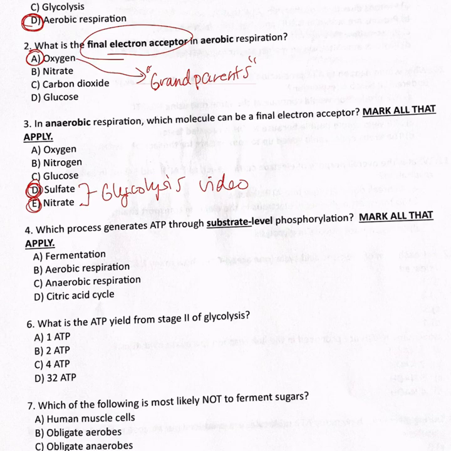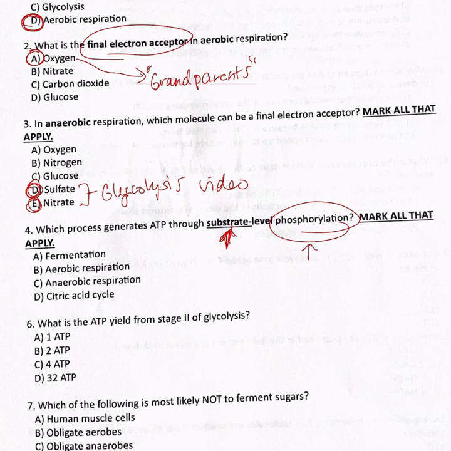Which process generates ATP through substrate level phosphorylation? So a substrate is like what the enzyme is acting on, like glucose. The answer would be anything with glycolysis, because that's where the substrate is being changed. In the Krebs cycle, the substrate is being changed, but it's not getting a phosphate on it.